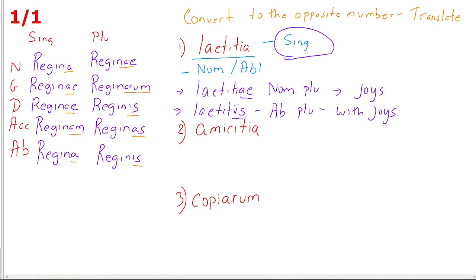Okay, so let us once again solve amicitia. What is the number first and foremost? Singular. And what are the possibilities? Nominative and ablative, as before.